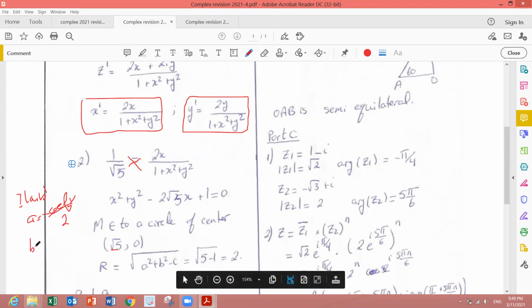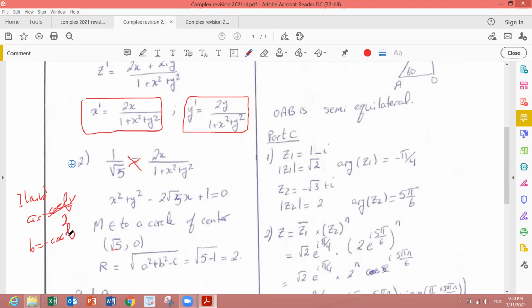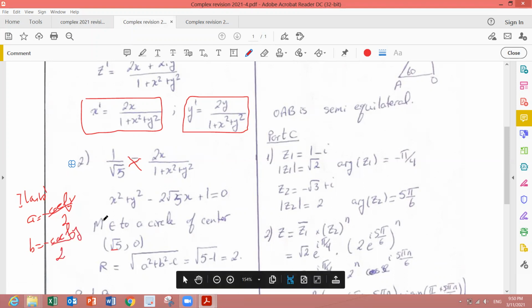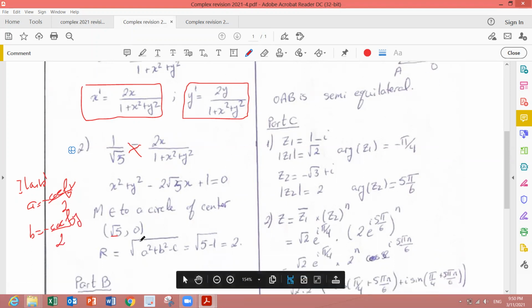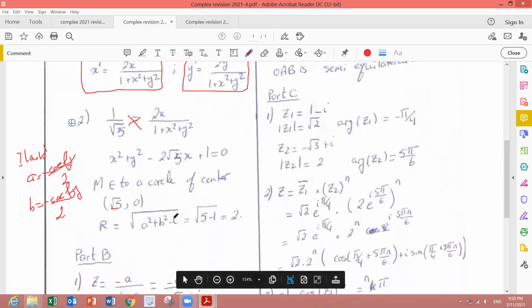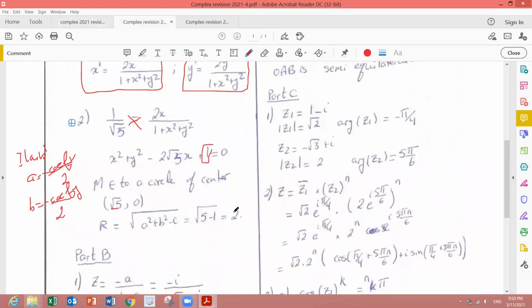B is minus the coefficient of Y over 2. The coefficient of Y is 0, so B is 0. R equals radical of A squared plus B squared minus C. A squared is radical 5 squared, which is 5. B is 0. Minus C, the constant here, equals 2. So M belongs to a circle of center (radical 5, 0) and radius 2.